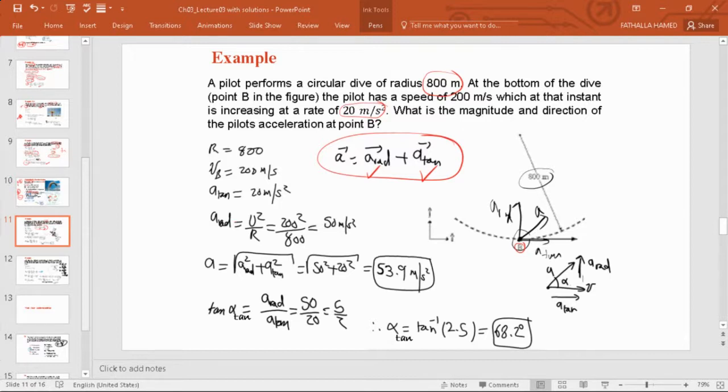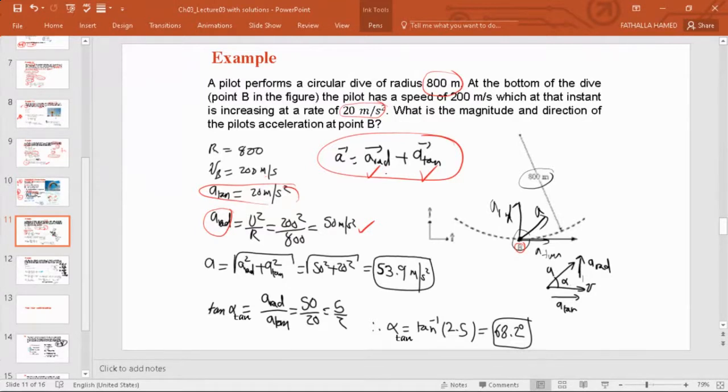The radial part is v squared over r in magnitude, which is 200 squared over 800, and it gives you 50 meters per second squared. You have a tangential part because they tell you the speed is increasing at a rate. So you're not going with a constant speed; you're having varying speed, which is 20 meters per second squared.